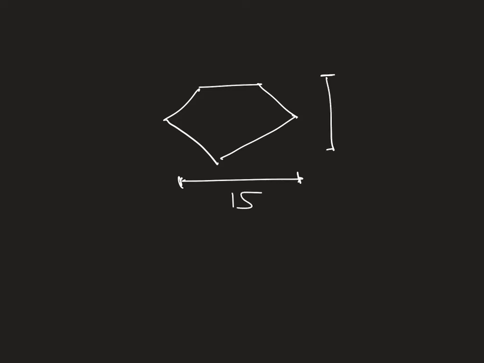All right, and the last one is kind of a diamond looking shape. There's a couple of different ways you can split this up, but the easiest way is just to split it into simple shapes that you know.